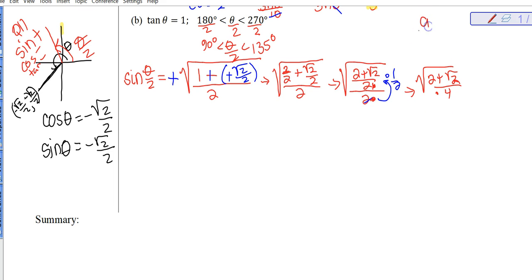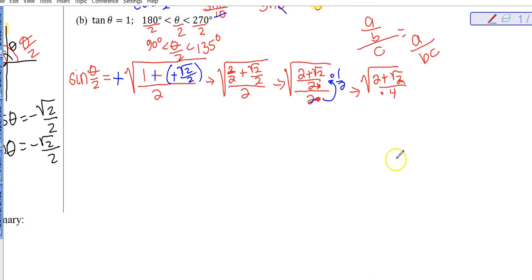So if I have a over b over c, I could quickly just do a over b times c. Just a thought. Okay, so 4 is a perfect square, right? Yeah. So in my numerator, I have 2 plus the square root of 2, and the square root of 4 is 2.